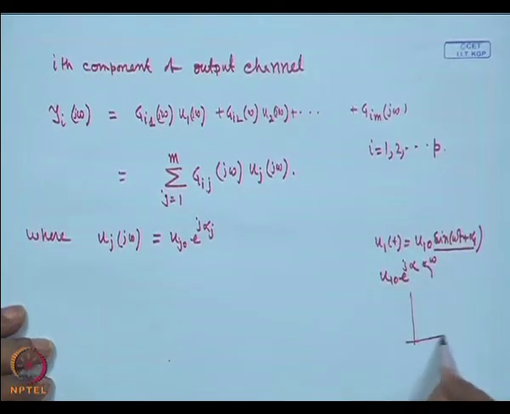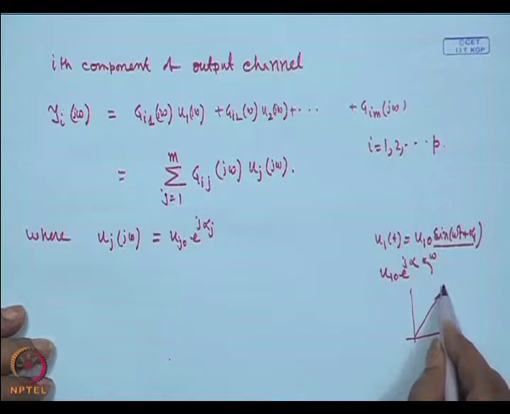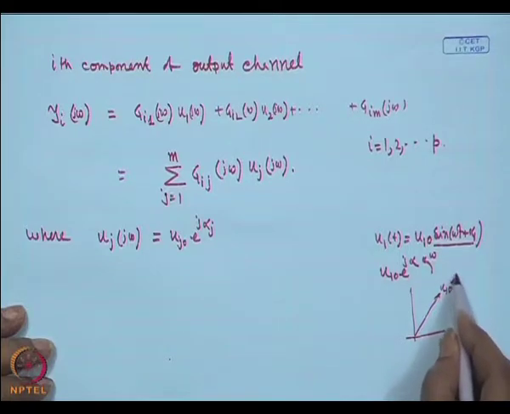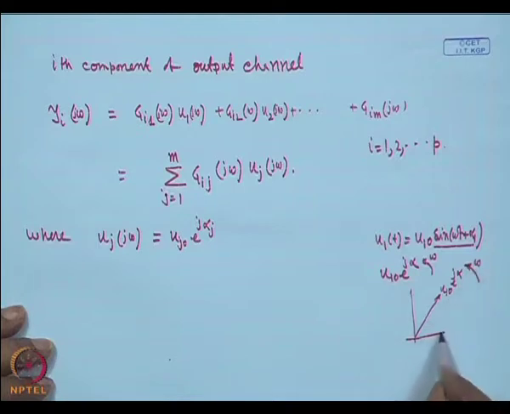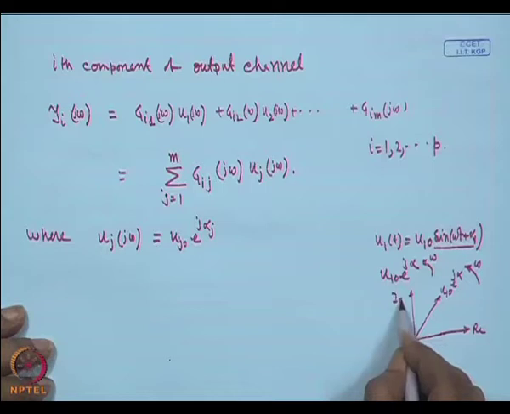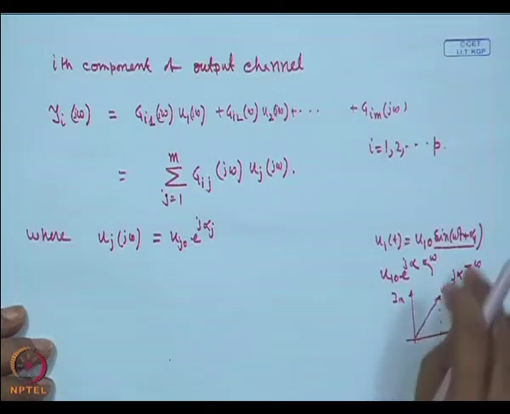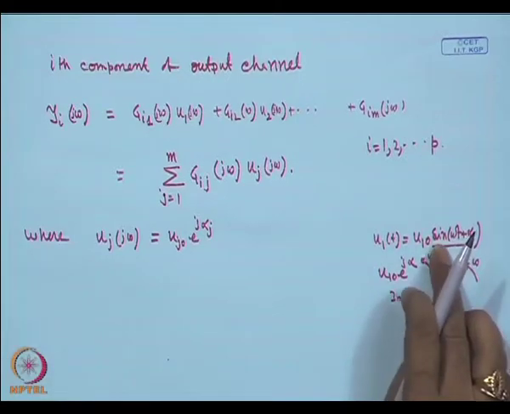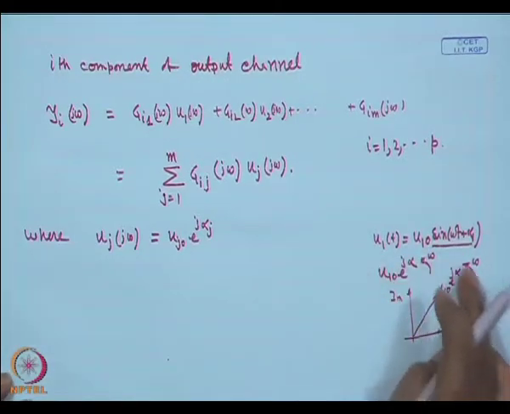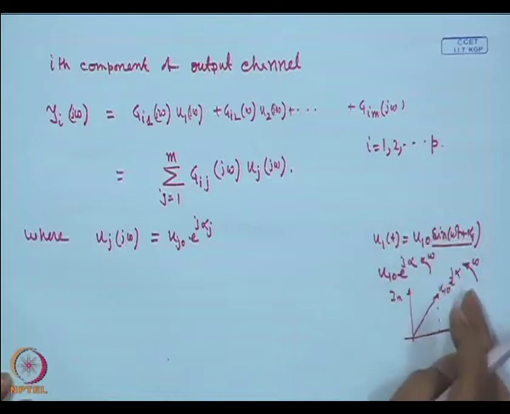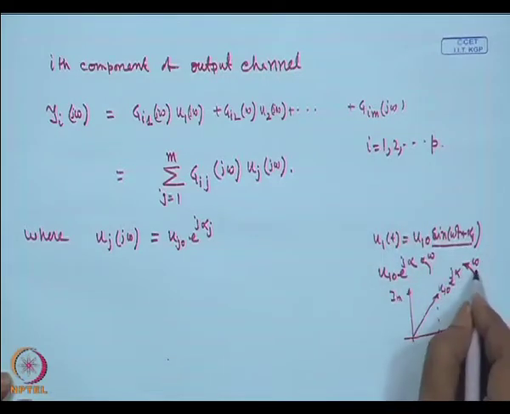If you see, this is that vector u_1(0) e to the power of j alpha, and it is rotating with the angular velocity omega. This is the real axis and this is the imaginary axis, and the vertical component of this one is nothing but this. So, this is a function of omega. Omega is the constant speed.